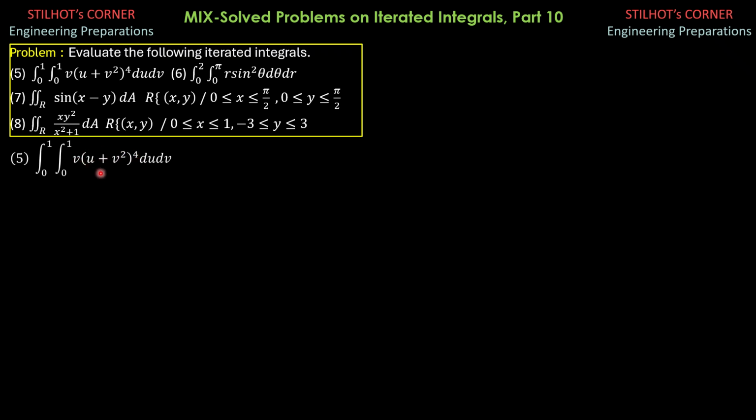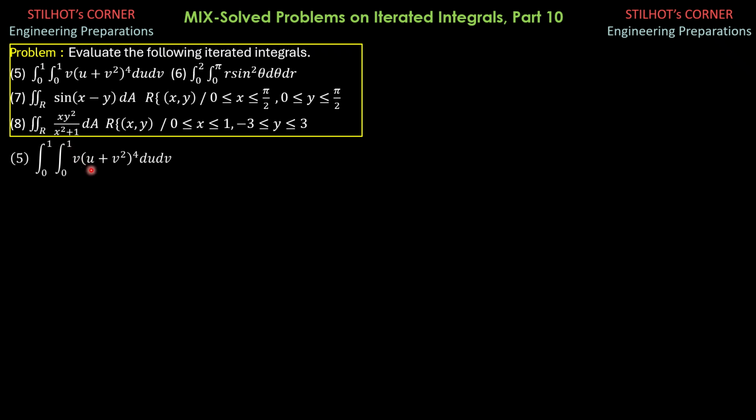So if we let this be x, u plus v square, take note v square is constant, then the differential is simply du. So this is in the form something raised to 4 du. That means we have to evaluate this by the power formula.